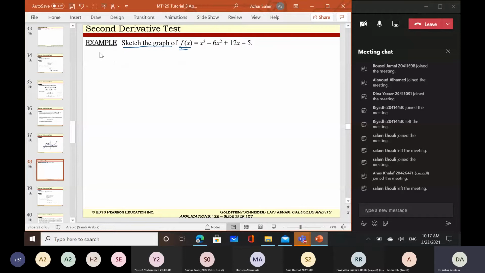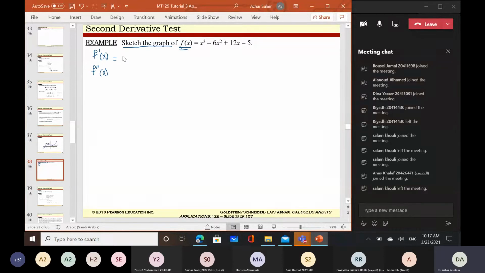Of course, to sketch a graph, I need the first derivative, f dash, and I'll find the critical point from it by setting it equal to 0, finding the zeros of the first derivative. Also, I need the second derivative to make the second derivative test to find the maximum and minimum, and also to find the concavity for the function and the inflection point as well.